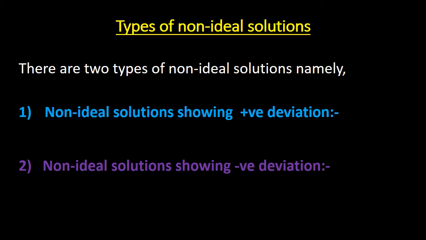In this session, I am going to discuss the types of non-ideal solutions. There are mainly two types of non-ideal solutions, namely non-ideal solutions showing positive deviation and non-ideal solutions showing negative deviation.